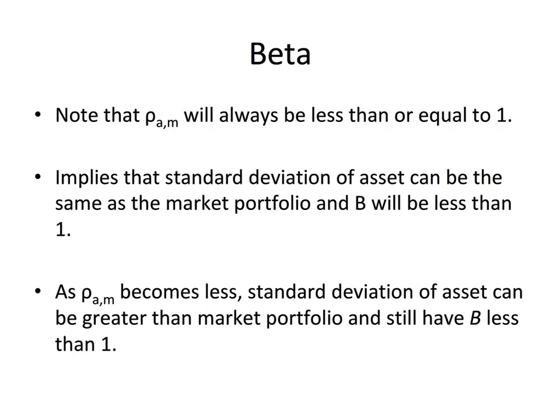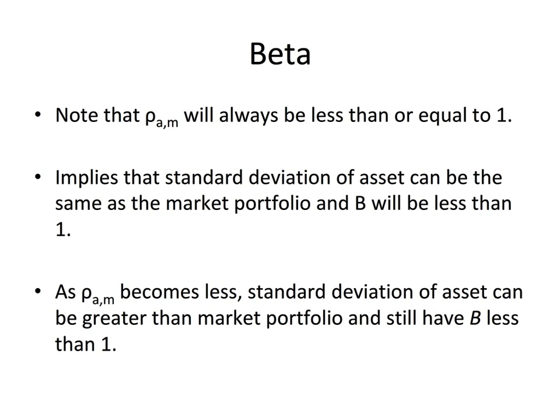When calculating beta, note that the correlation coefficient of asset returns to the market portfolio will always be less than or equal to 1. That's by definition. Correlation coefficients have to range between -1 and 1, and it will almost always be less than 1.